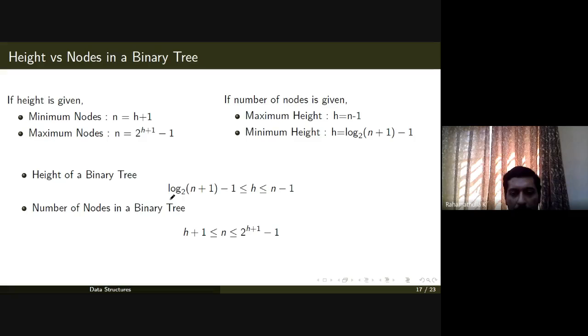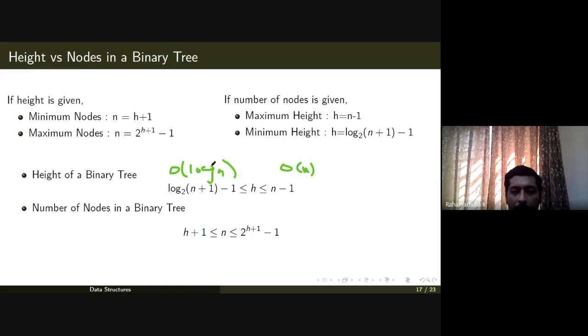So you can see that the height of a binary tree ranges from log to the base 2 of n plus 1 to n minus 1. So it comes out to be order of log n to order of n.